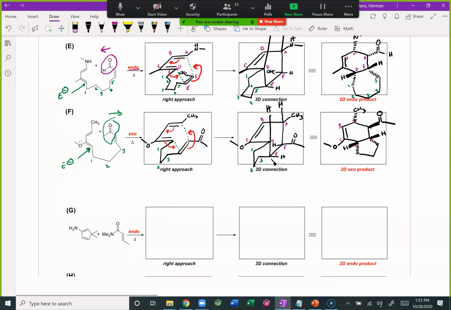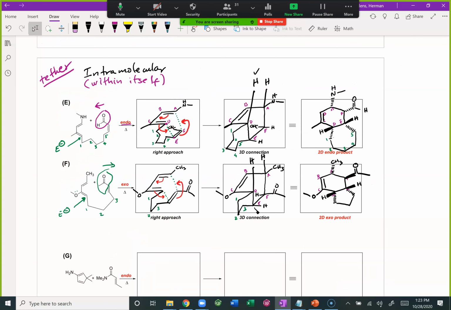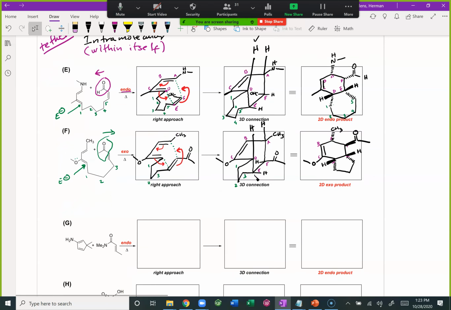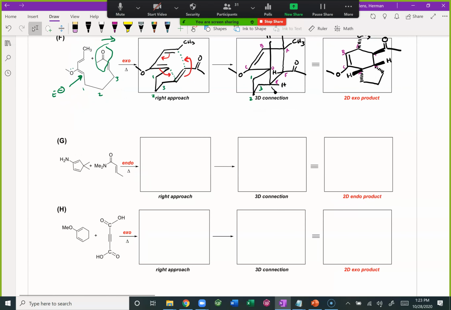All right. So those are the intramolecular examples that I have for you. And let's do now, these are called the bridgehead examples.